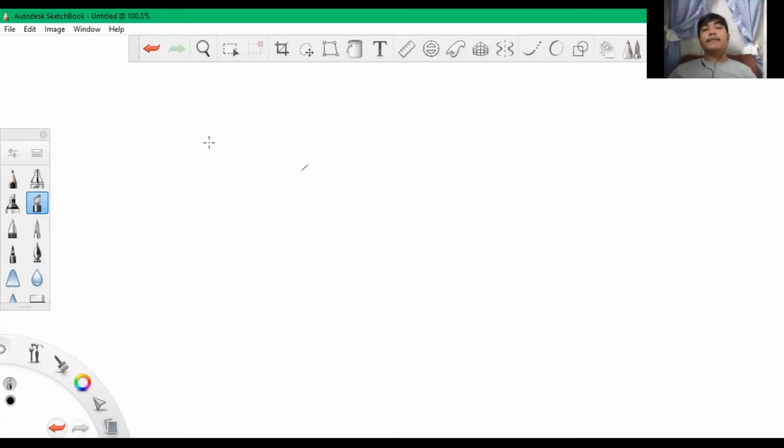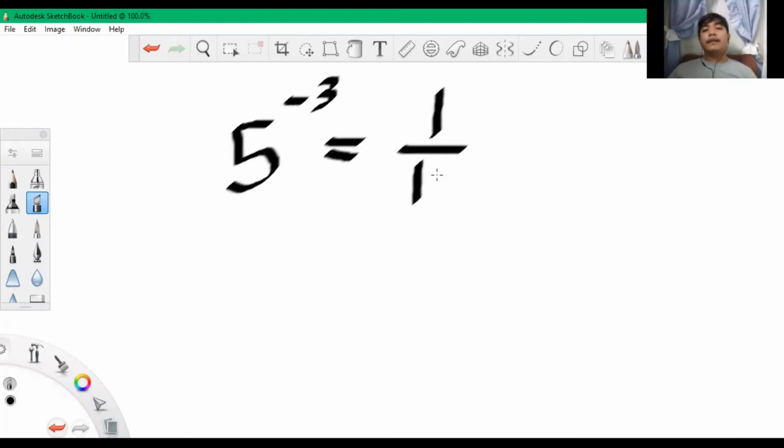So, paano po natin mapapatunayan yun? So, we can evaluate the exponent. So, sabi natin, a 5 should have an exponent of negative 3 in order for it to be equivalent to 1 over 125. So, bakit po ba naging negative 3?